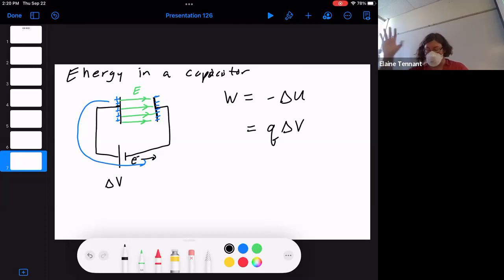There's lots of positives and negatives that could be in here. But the amount of energy it takes to move a charge from one potential to another is Q delta V. Noting that across these plates, a potential is growing. Right? As that electric field gets larger, the potential difference gets larger as well. Is that okay? Okay.